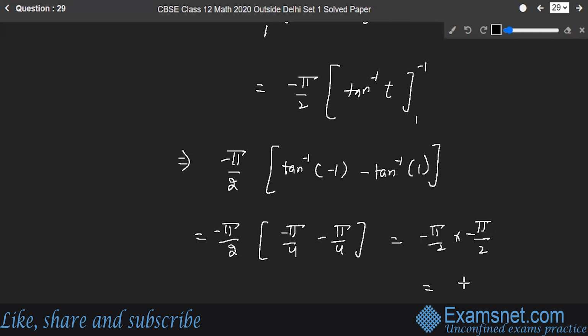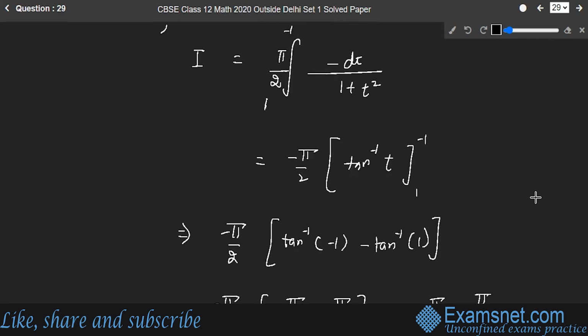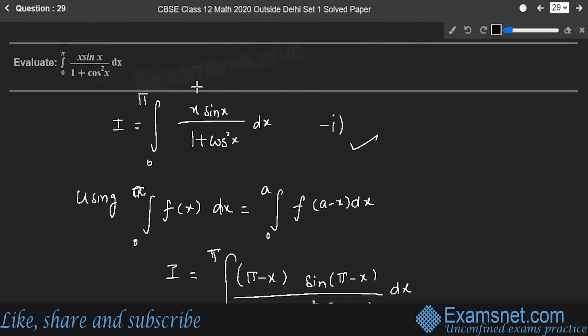That will be equal to pi square upon 4. So this is the answer to the question. Hope you understood that. Let's move to the next question, number 30.